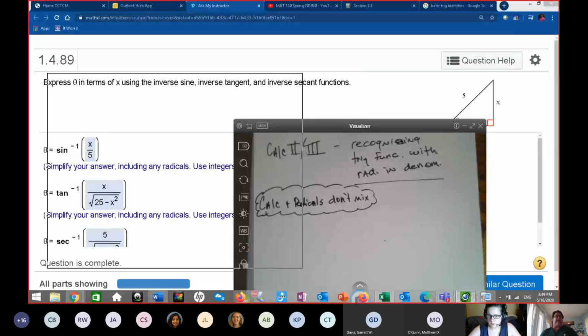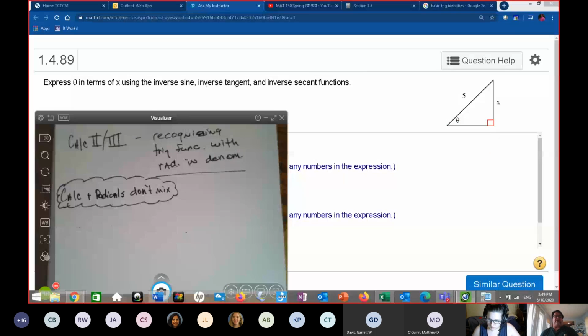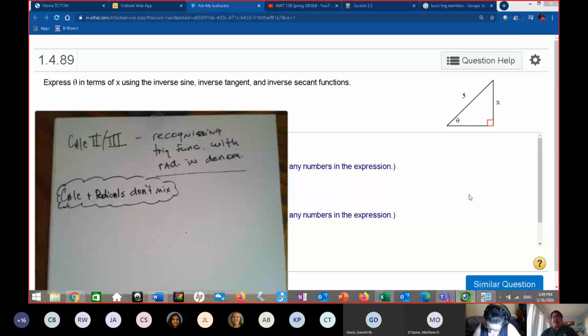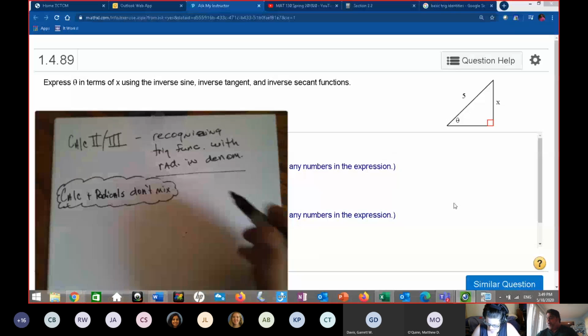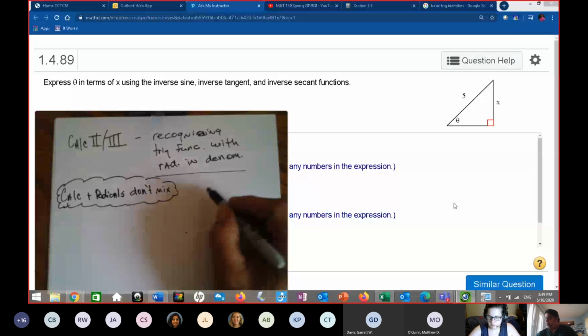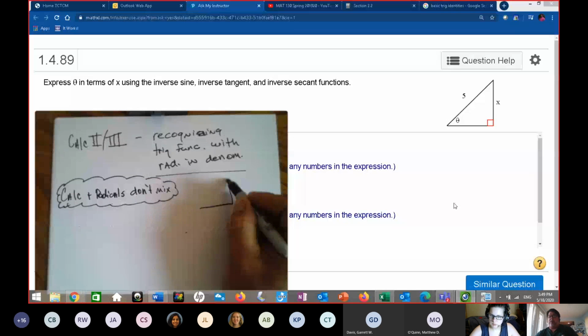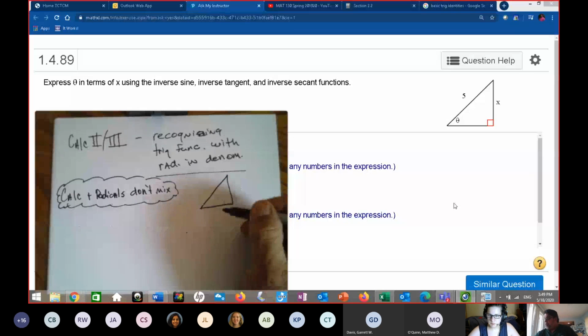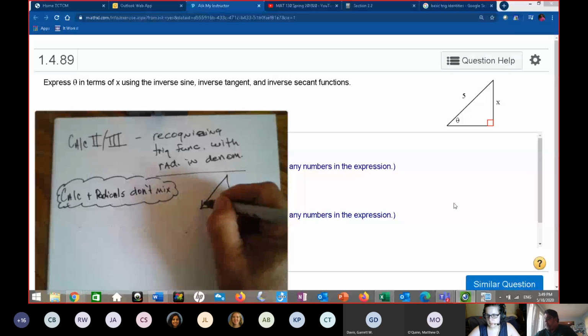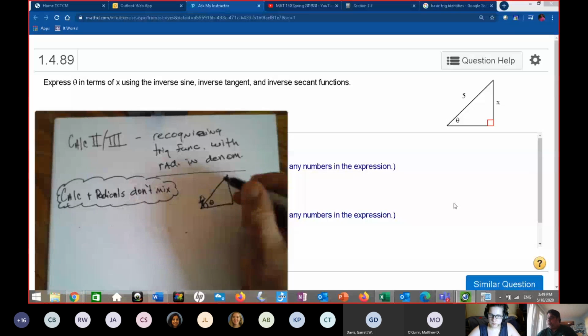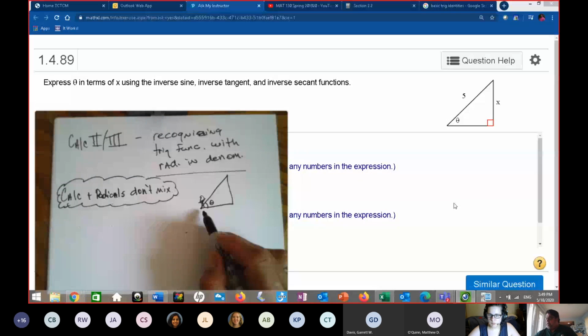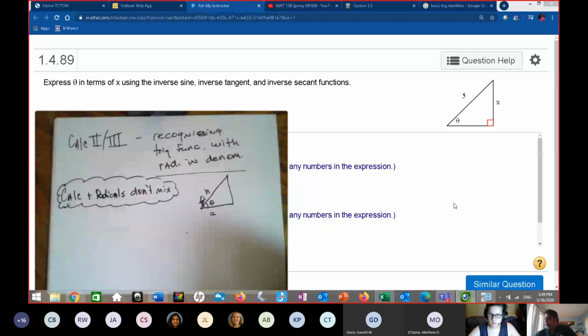It says express theta in terms of x using the inverse sine, inverse tangent, and inverse secant functions. Okay? Well, first of all, you just draw the picture. And you've got theta right here. So your little man is standing right here, and the little man has his foot on the adjacent and the hypotenuse.